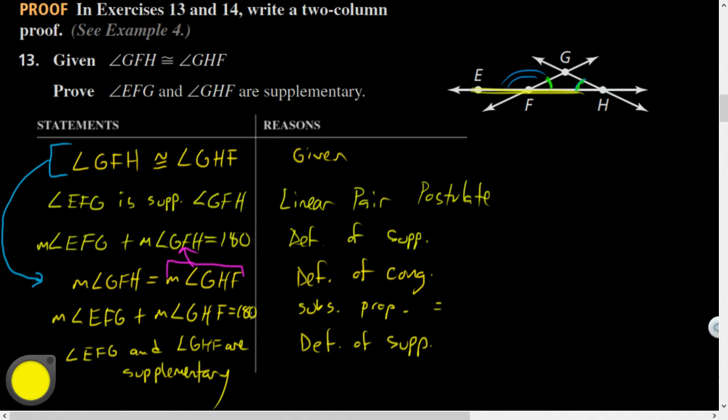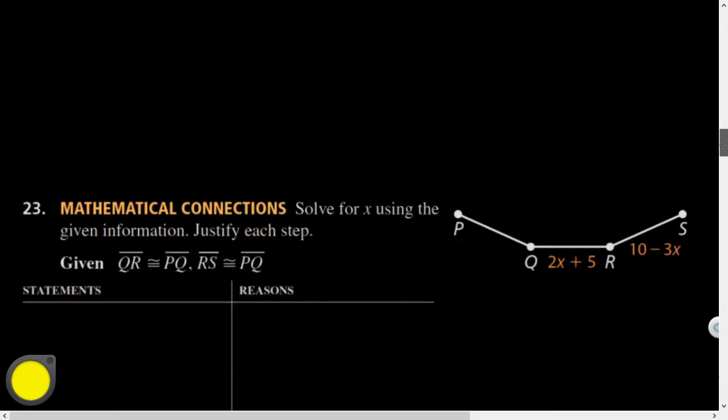And here I'm using it to go from knowing these angles add to 180 to saying that they are supplementary. So definitions, remember, are biconditional statements. I can use those in two different directions. So I ended up taking a little bit of a shortcut there. My bad. I'm having a hard time pretending like I don't know the things I know. Let's see. I think I've got one more for us.